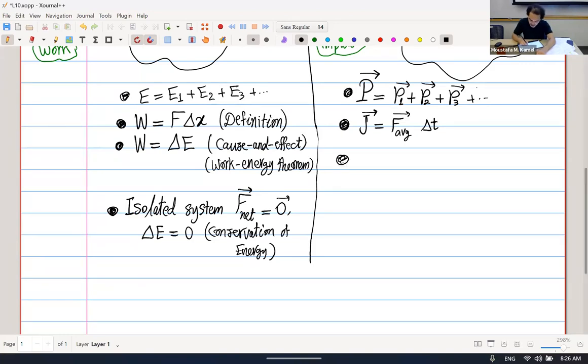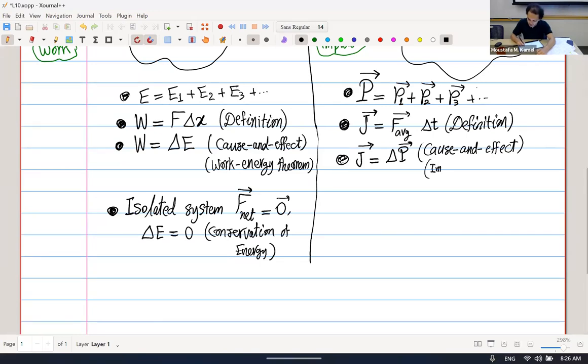And we have a similar cause and effect relationship stating that the impulse causes a change in momentum, or rather the total momentum, big P. This was a definition. And this is the cause and effect relationship, and it's also known as the impulse momentum theorem.